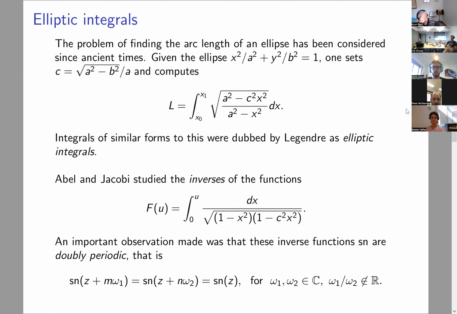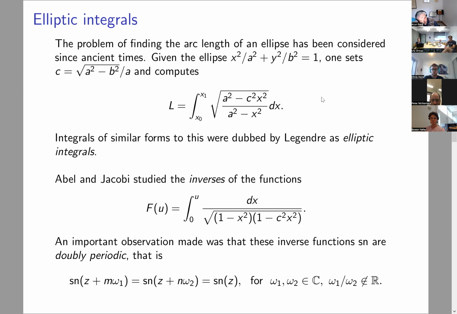Finding the arc length of an ellipse is a very ancient problem, considered by people like Apollonius to not great success. The advent of integral calculus was a huge boon for this area. It gave people a whole new lease on approaching these sorts of problems.